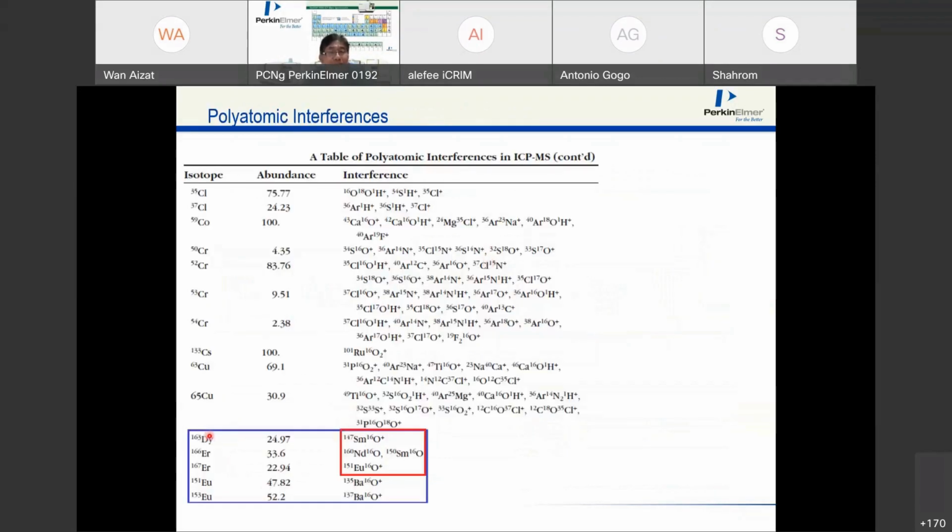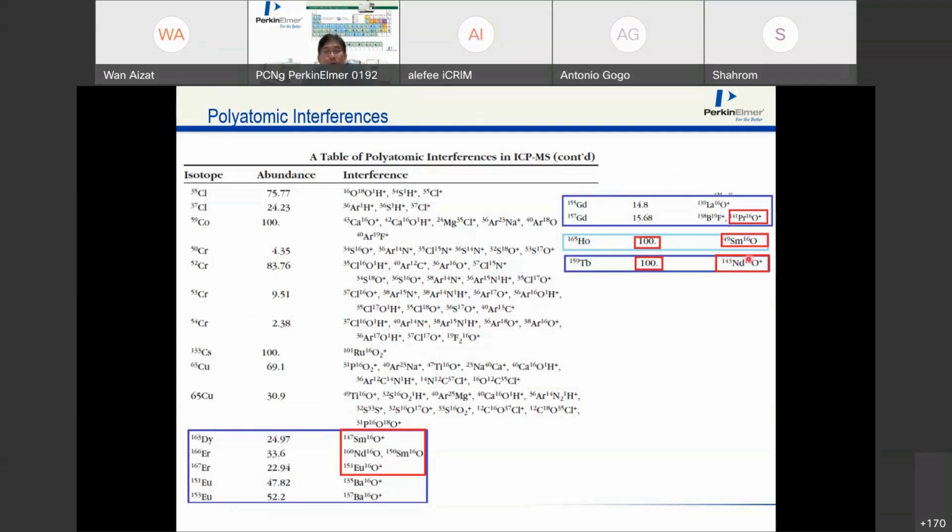For example, this rare element will interfere by itself on this light rare element oxide. And then Gd is also interfered by Pr oxide, and there are some isotopes like Ho monoisotope, Sm oxide interference, Tb monoisotope interference, and the oxide.